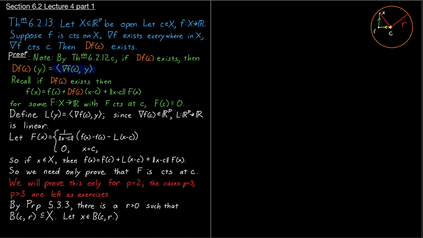And this point here, let's notice it has coordinates x1, c2, same x coordinate as X, same y coordinate as C. And I'll point out a fact. It's very clear from the picture. You can prove it pretty easily just by writing down the formula for distance in R2.